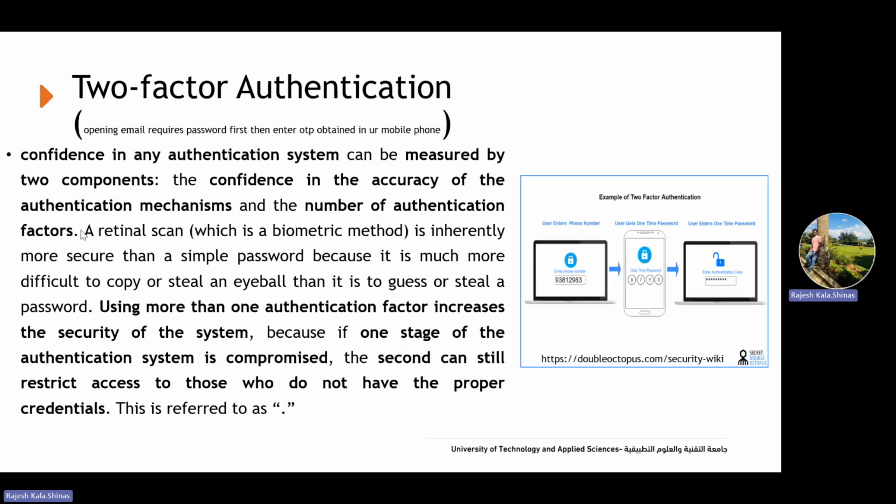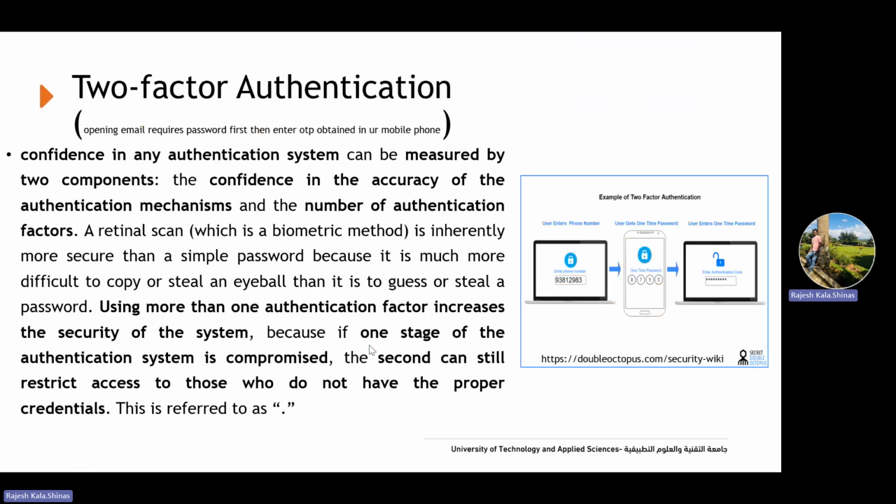That is called two-factor authentication. Why do we need two-factor authentication? Why not only one authentication? If you have more than one authentication, the security of the system will be increased. If one stage of authentication is compromised, like your password, and somebody has learned it because you wrote it on paper, the next person who comes to your table knows the password and can log into your email.